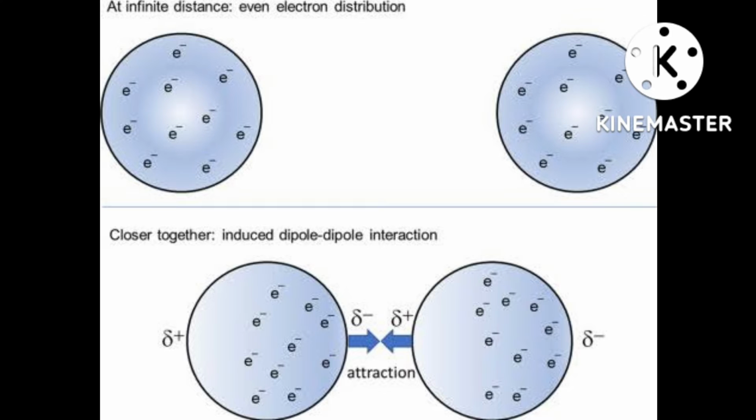That is called partial charge, and these charges are shown by the letter delta. Partial charges are always less than the unit electronic charge.